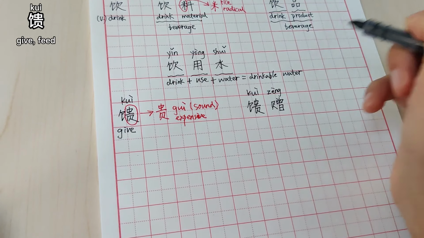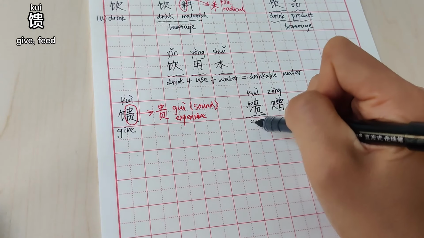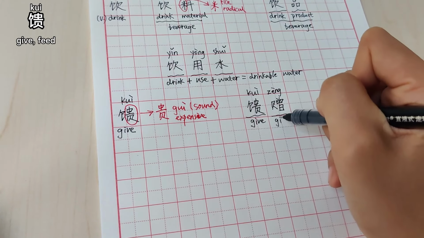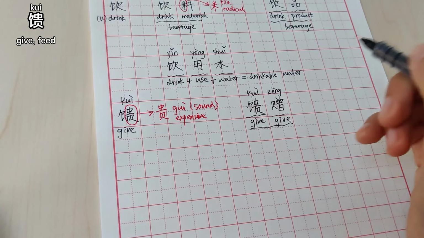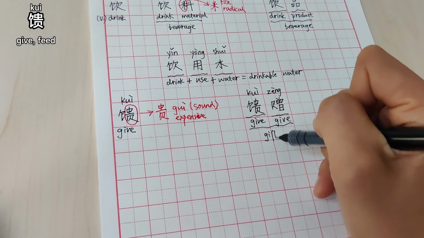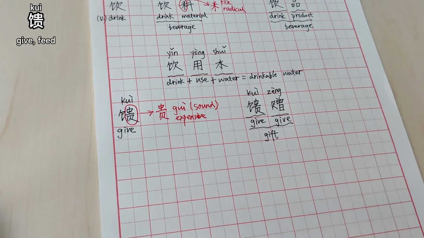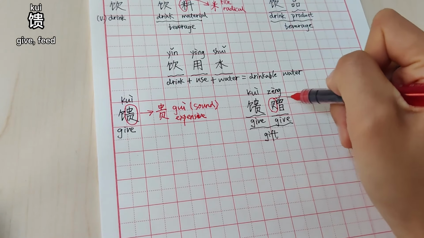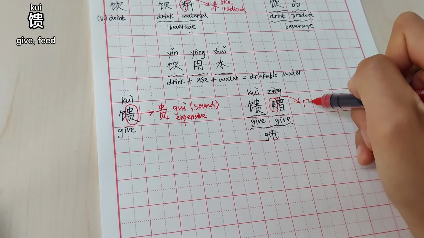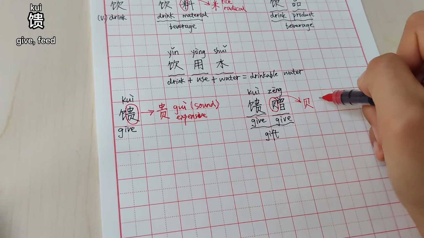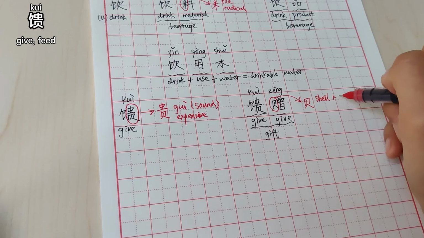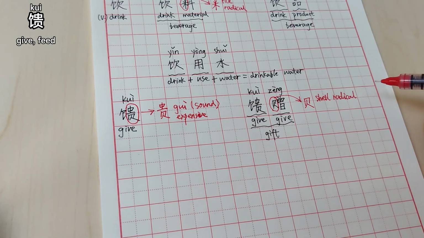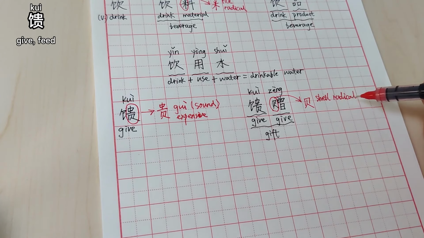馈赠. The 馈 is give, and 赠 could also mean give, and 馈赠 together could mean gift. Speaking of the 赠, the right part of it, this one, is a shell radical. We haven't talked about it yet, but we will in the future.